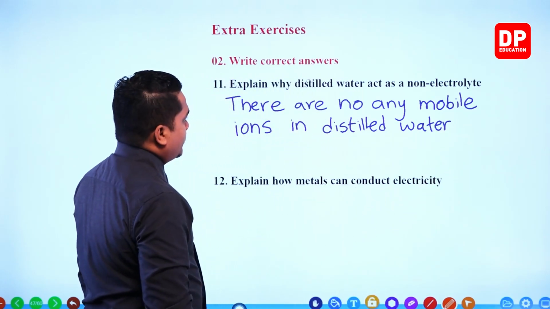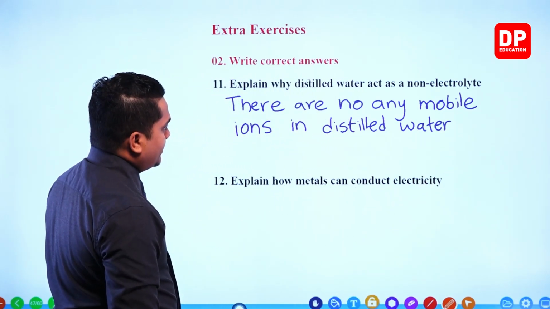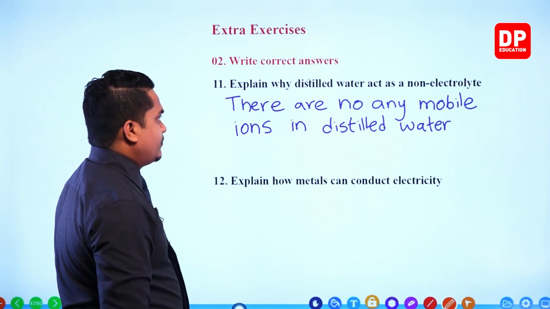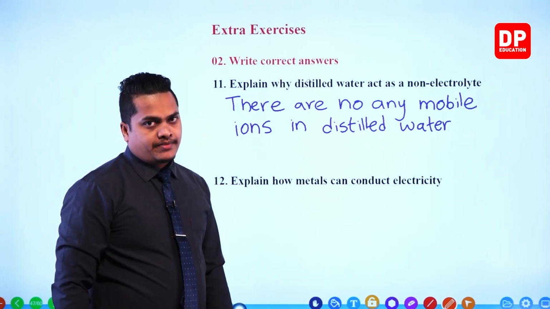Right? There are no mobile ions in distilled water. Therefore, distilled water acts as a non-electrolyte, my dear children.